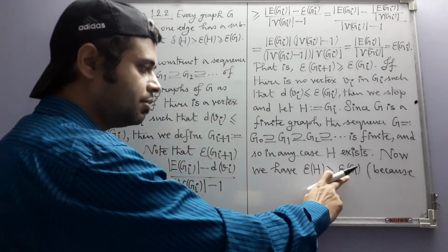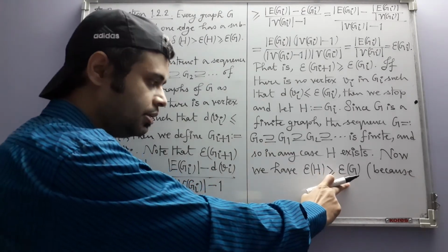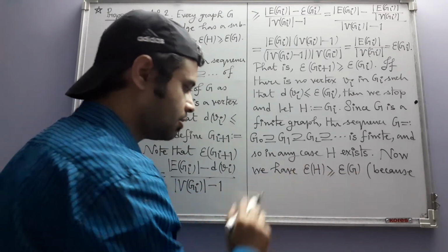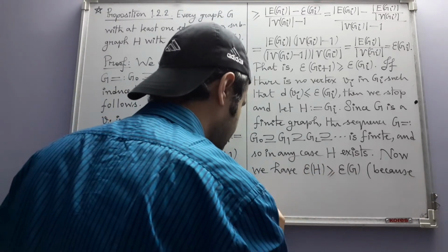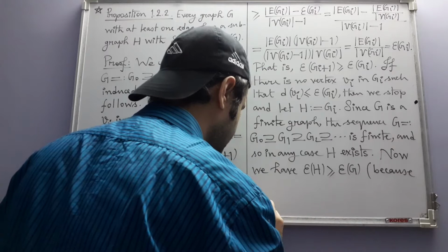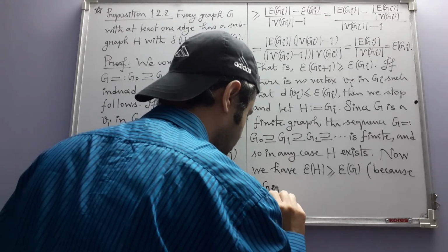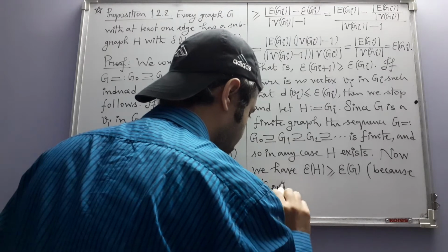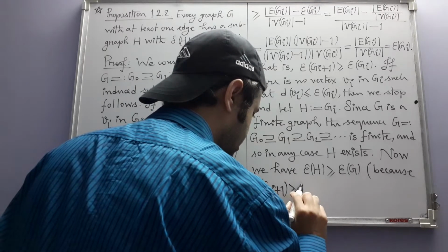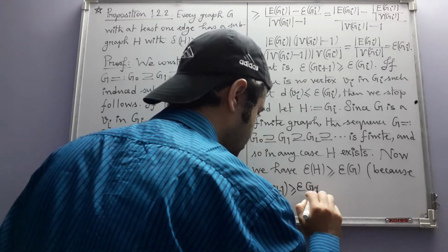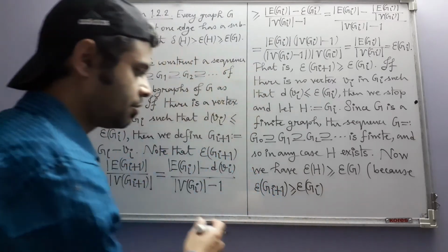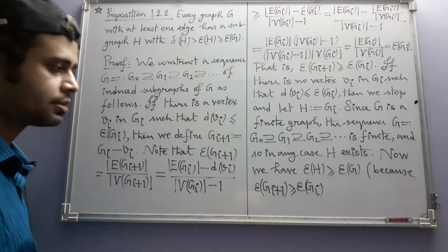So like that we will eventually reach G, and that's why we have this inequality. We can write the reason here like this: because epsilon of G i plus 1 is greater than or equal to epsilon of G i, for all i. That is understood.